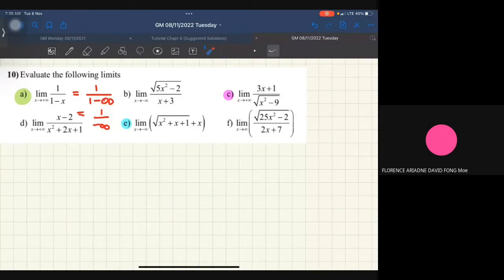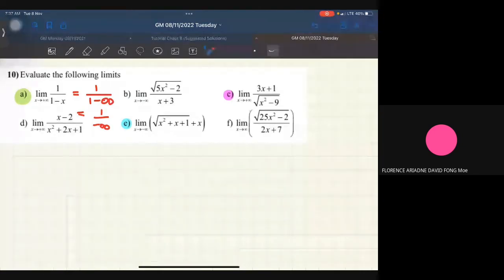So let's say saya ada 1 tolak 9, saya akan dapat negative 8. Kalau 1 tolak 999999999, adalah nombor yang sangat-sangat kecil. So that's why dia adalah negative infinity. Daripada sini, ini adalah case yang kedua. So you have a constant divide by an infinity ataupun a very very big negative number, maksudnya a very very small number.